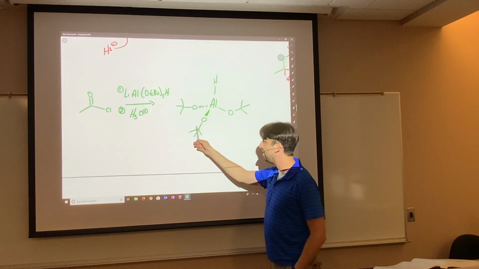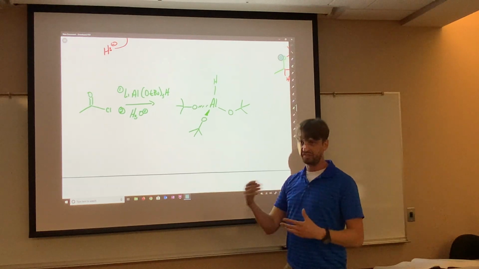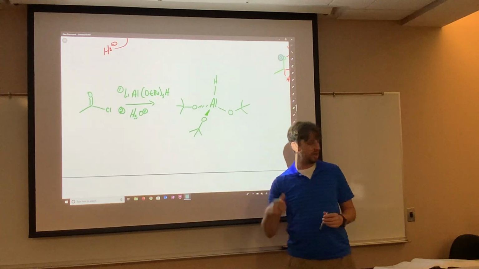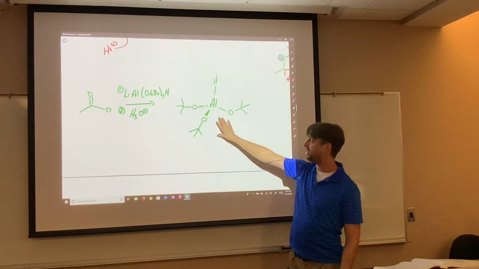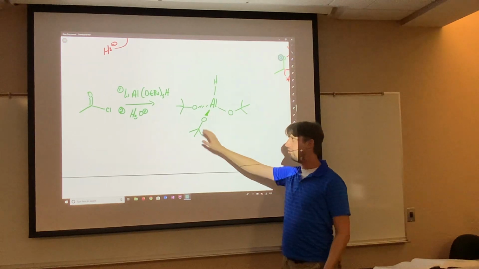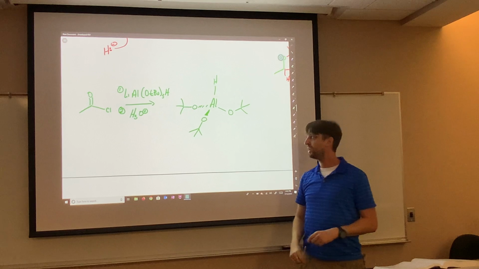And the other thing is, these are bulky groups, okay? Steric encumbrance and steric hindrance really does change the reactivity of a lot of different functional groups. And so this reagent here, this derivative of LAH, we could call it, has a couple different things working with it that's going to change how it reacts. Okay?